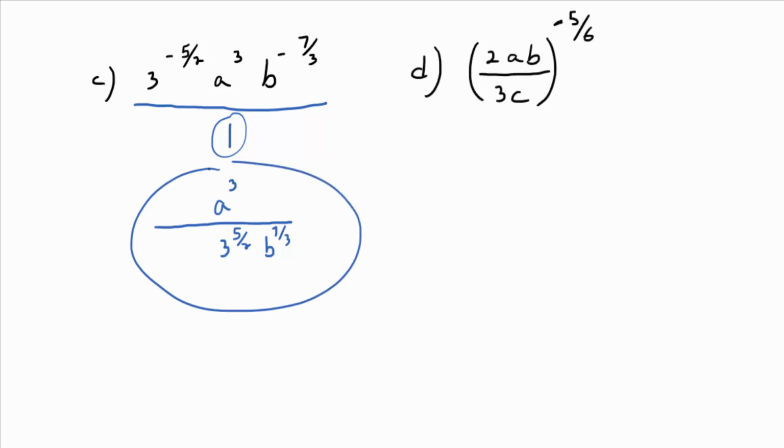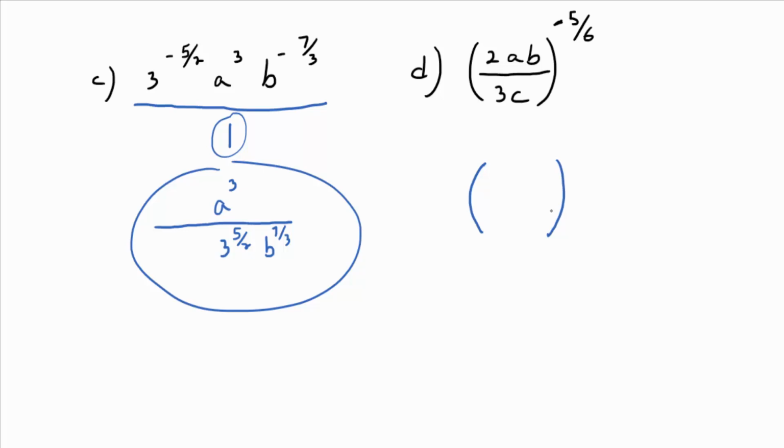Okay, let's try this one. In part D, you have in parentheses a fraction brought to a negative exponent, right? So in part D, you have 2ab divided by 3c, the whole thing to the negative 5/6. So how could you rewrite this? I think the intention here is just to get rid of the negative exponent.